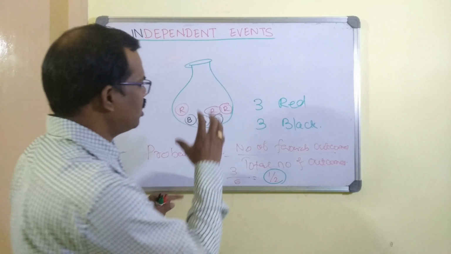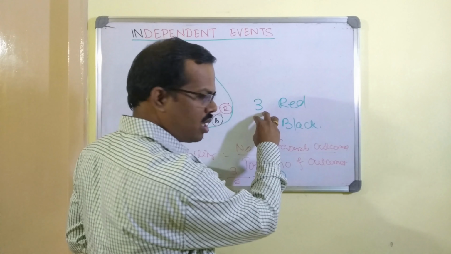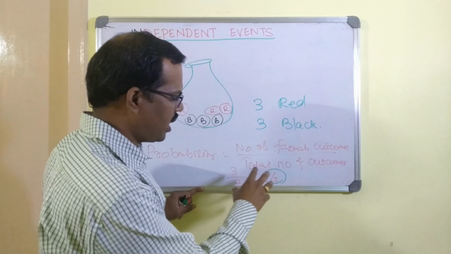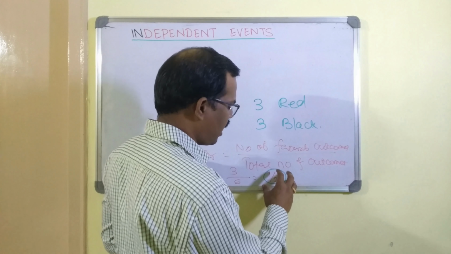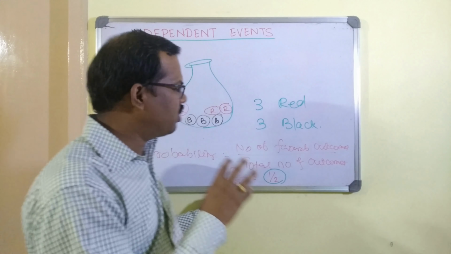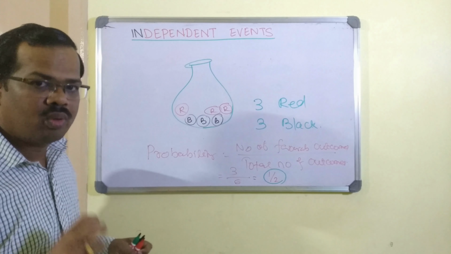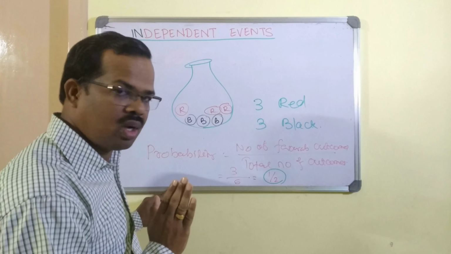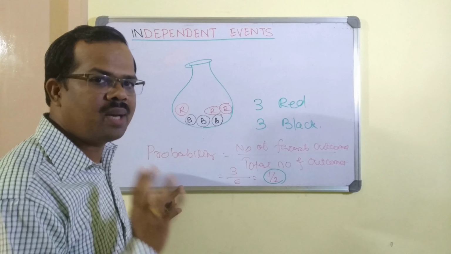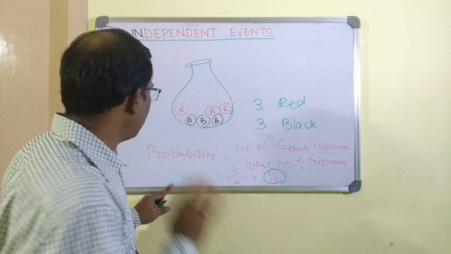So what will be the probability of getting a black ball? It is also going to be 3 by 6. So again, the same formula applies, and I can say that 1 by 2 will be the probability for getting a black ball. Now, once I pick the ball, let us think that it turned out to be a red ball.